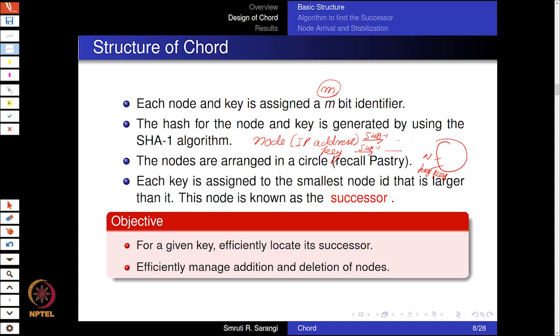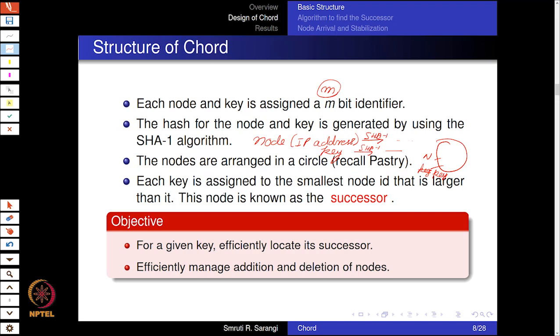The objective is that for a given key, we efficiently locate its successor on this ring, and efficiently manage the addition and deletion of nodes. Those are our two aims.